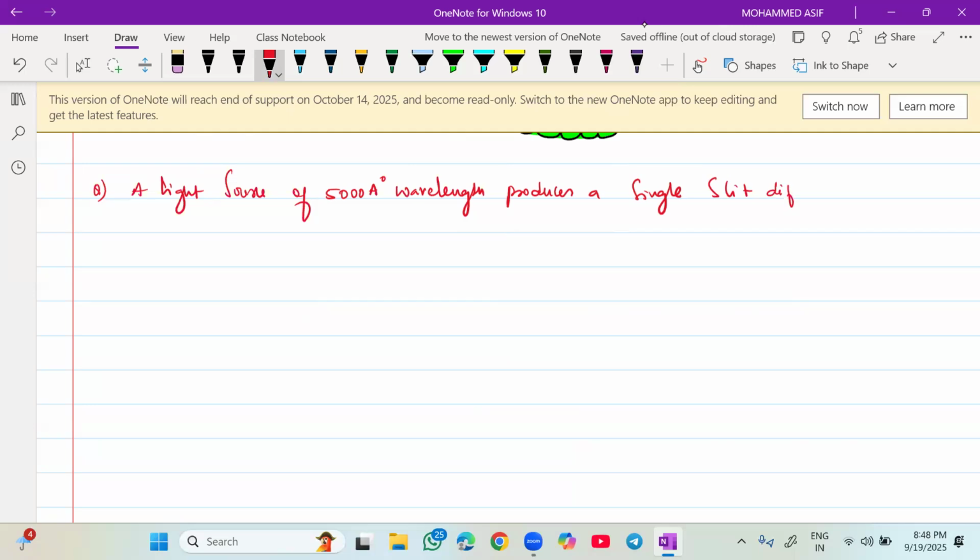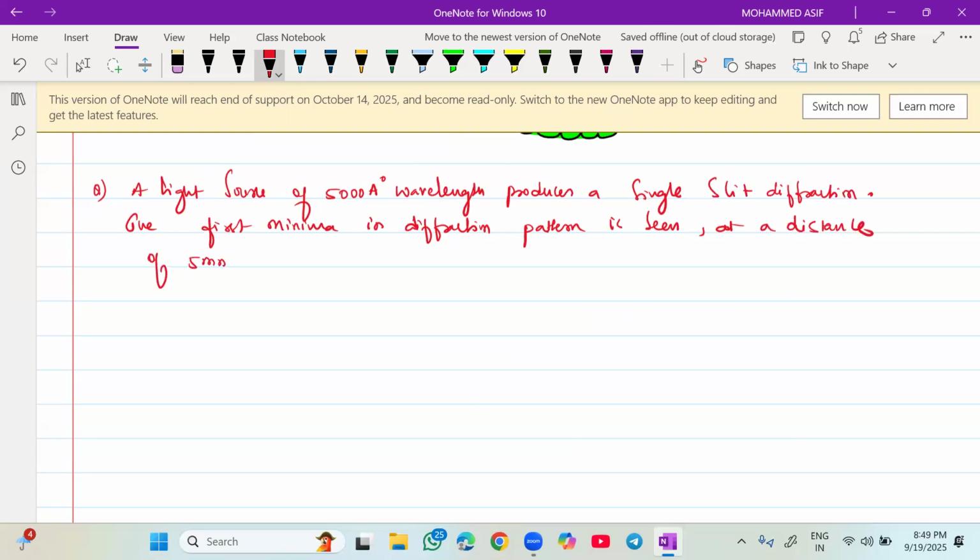The first minima in the diffraction pattern is seen at a distance of 5 mm from the central maximum. Everyone should give me the answer.